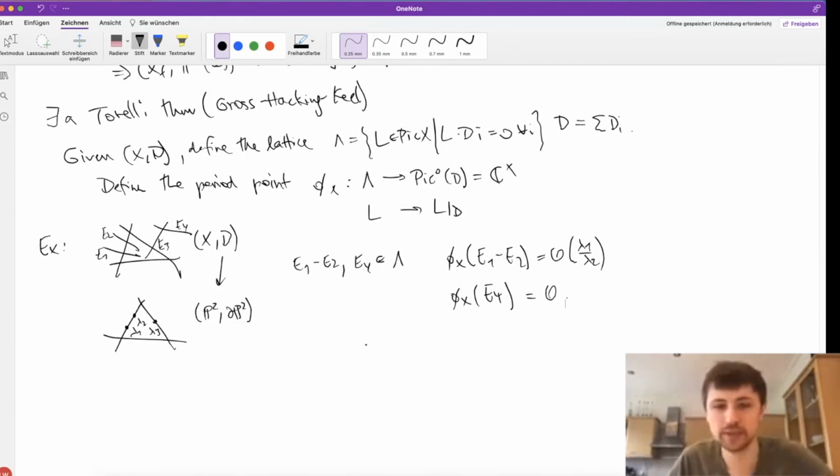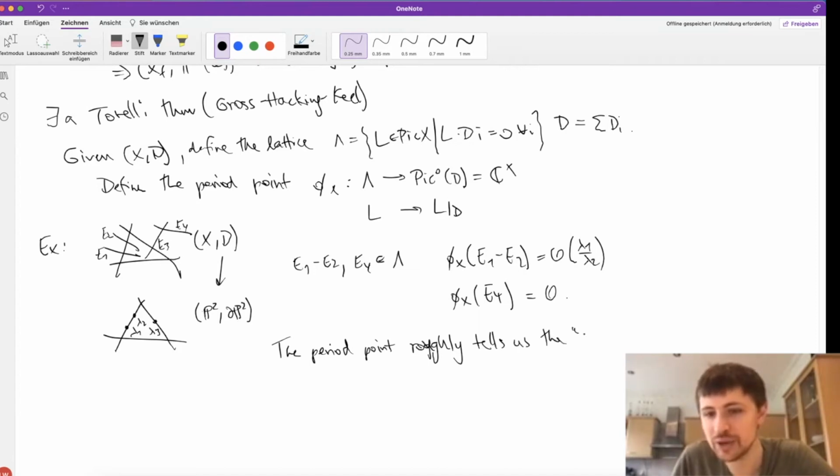So there are two takeaways from there. The first one is that the period point, roughly, tells us the location of the blow-ups.